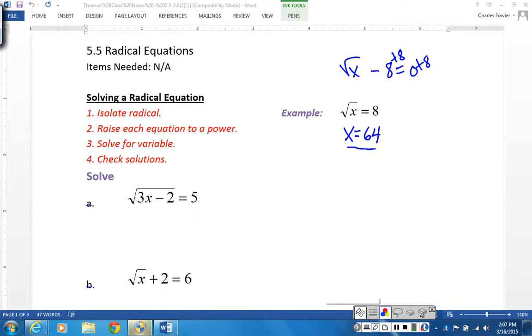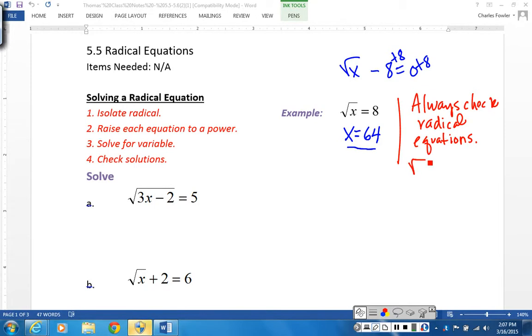Now, let me definitely emphasize, always check radical equations, because sometimes you end up with solutions that are called extraneous solutions, and those solutions actually do not work once you plug the answer back into the original equation.